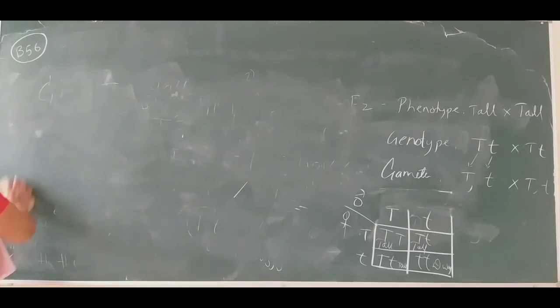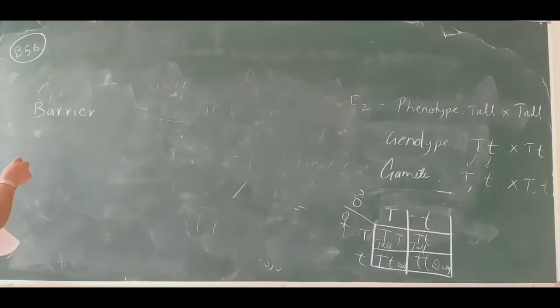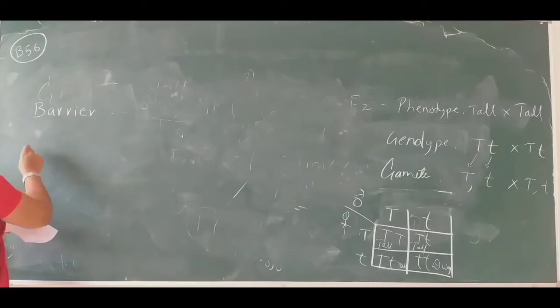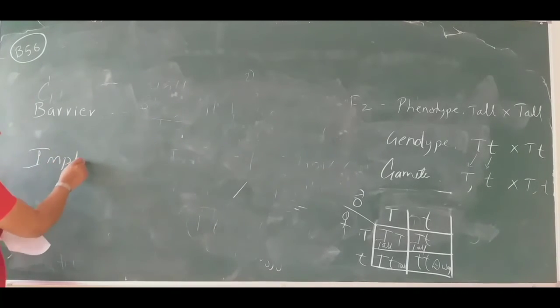The second question. You are supposed to write two barrier methods, and you also have to write about the implants.